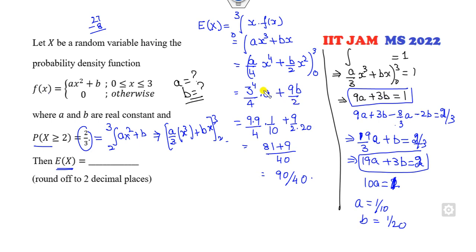What is b? b is 1 over 20. So yes, 9 over 4 is my right answer.